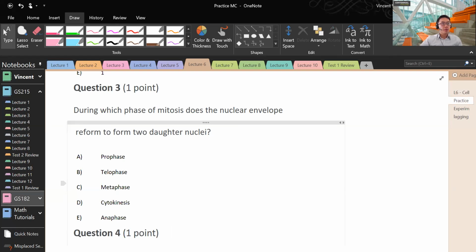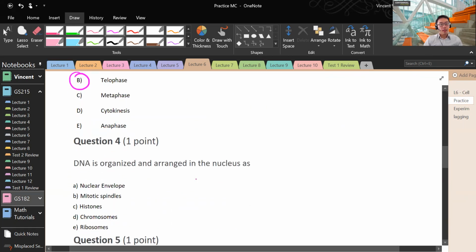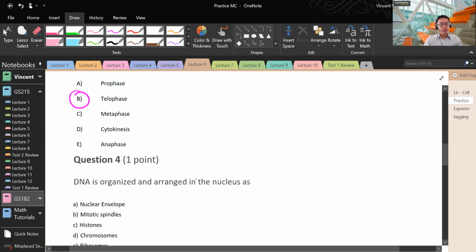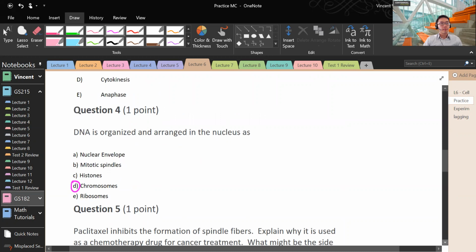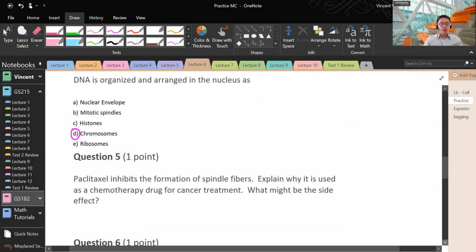Okay. Most of you chose telophase. That's the correct answer. Let's skip that one. Well, I will talk about it. DNA is organized and arranged in the nucleus as chromosomes, right? It's pretty straightforward.